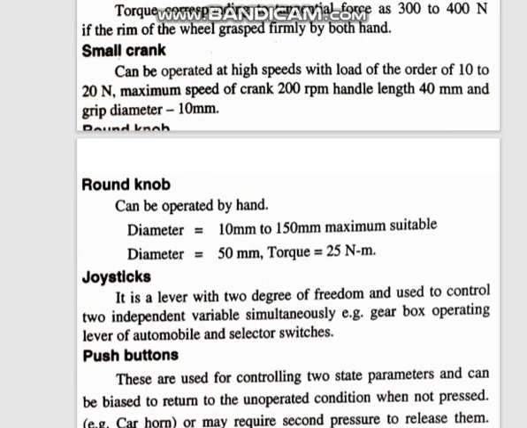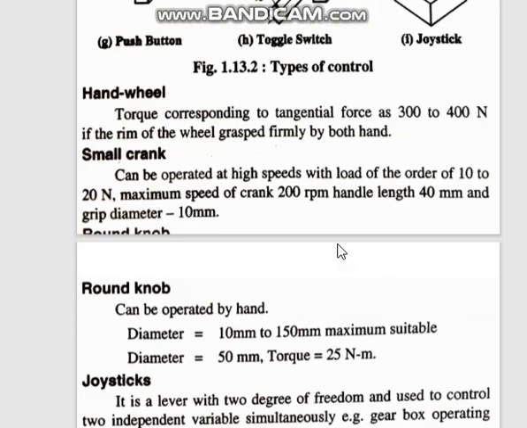And then, hand wheel: torque corresponding to a tangential force of 300 newtons to 400 newtons if the rim of the wheel is grasped firmly by the hand. You see how much a human being with one hand can work. See how much weight you can lift with one hand.